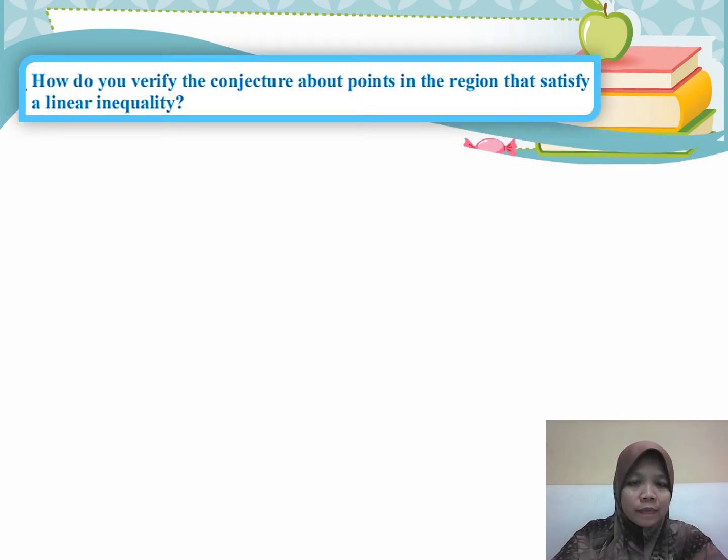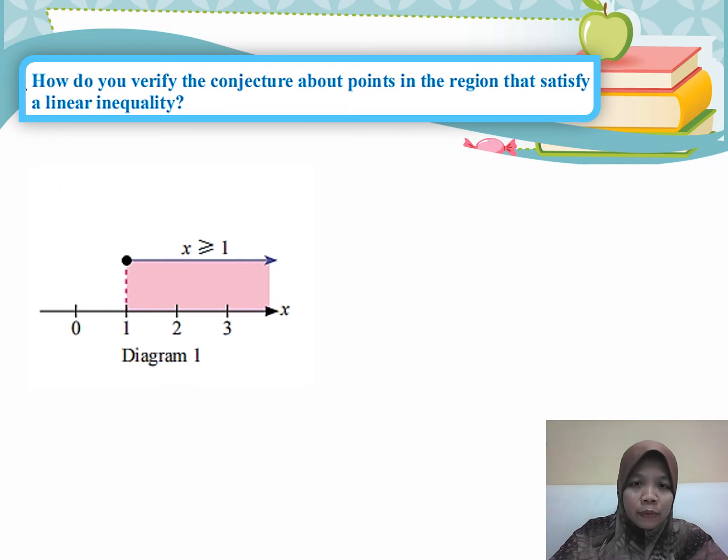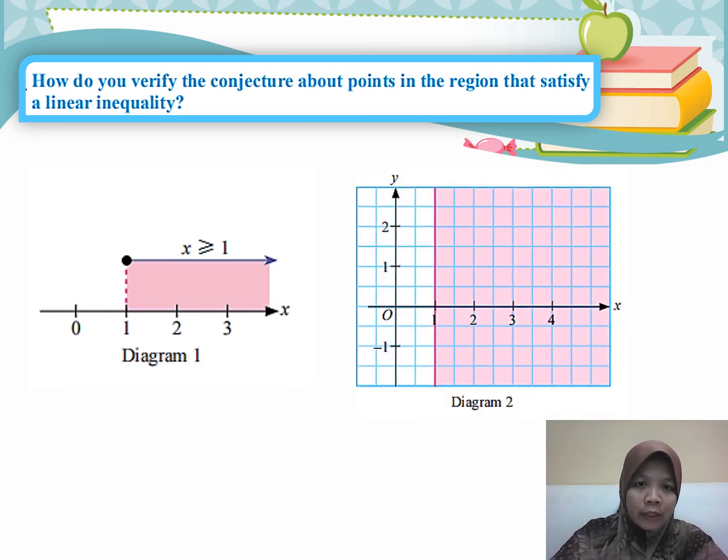Okay, next. Now, 6.1.2. How do you verify the conjecture about points in the region that satisfy a linear inequality? I give you two situations here, diagram 1 and diagram 2.